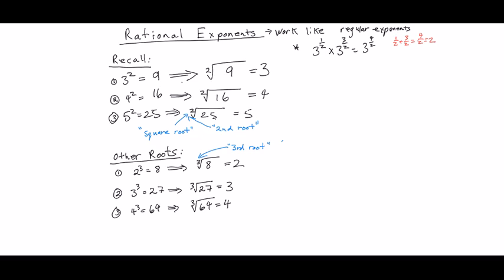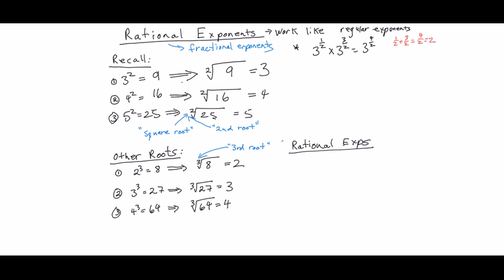Now, the gist of today's lesson is to talk about rational exponents. When we talk about rational exponents, we're really talking about not rationals, we're talking about fractionals. Now, these exponents that we're going to be looking for are going to look similar to these.